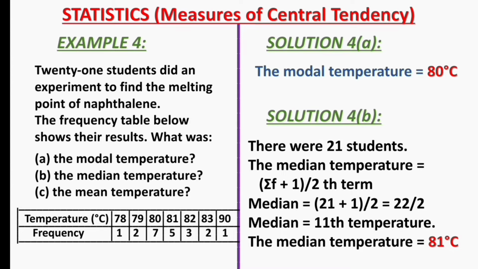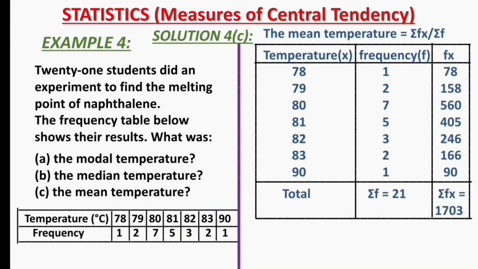Moving on, let's see the solution to question 4c, talking about the mean temperature. For question 4c, the formula for the mean temperature is sigma Fx divided by sigma F. Here, x represents the temperature while F represents the frequency. So from the calculation here, we are going to multiply the frequency and the temperature values in each case to get Fx.